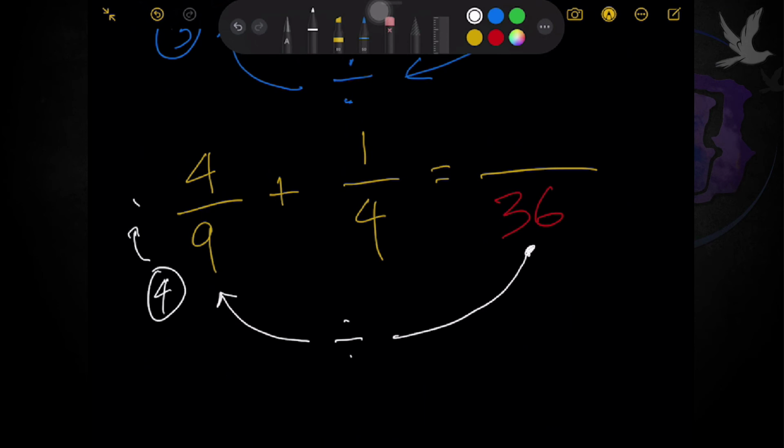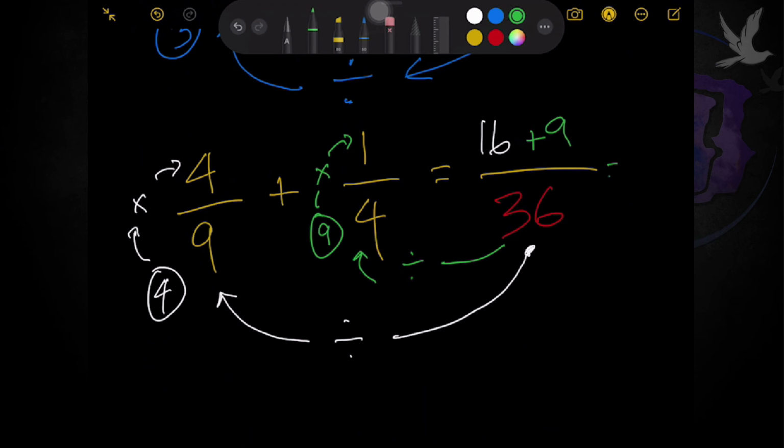And 4 multiplied to the numerator, which is 4, will give us 16. Doing the same exact thing with the second fraction, 36 divided by 4 will give us 9. And 9 multiplied to 1 will give us just 9 alone.